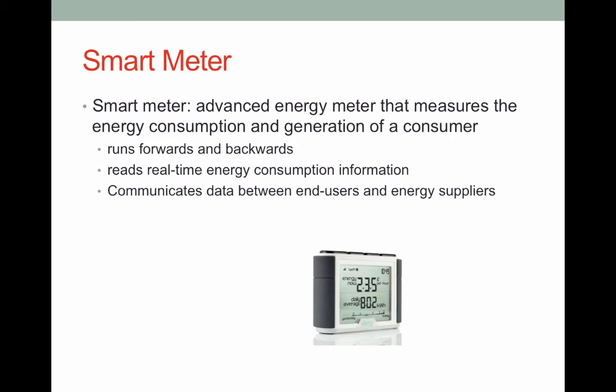Smart meters can run forwards and backwards. They can measure the net consumption, or the net energy draw from the grid. They read real-time energy consumption information and also provide readings of real-time energy consumption.